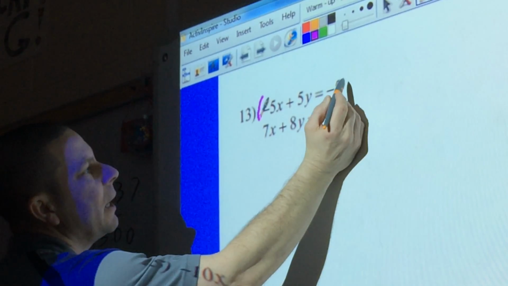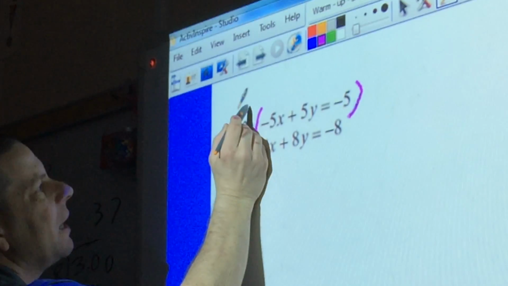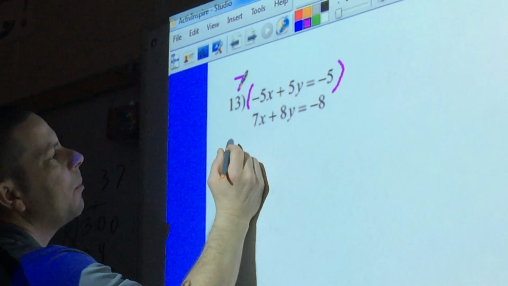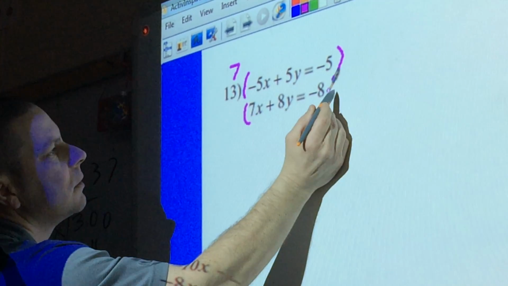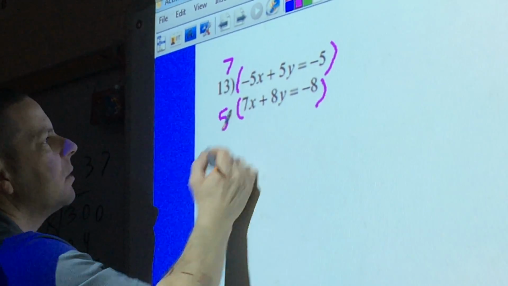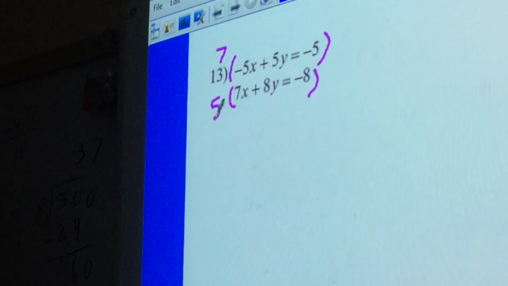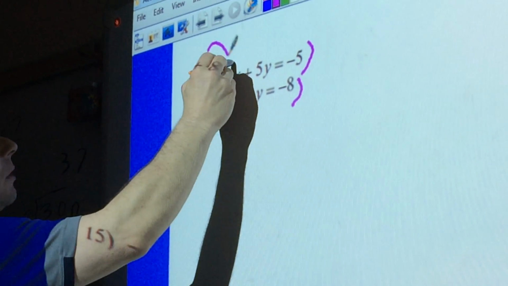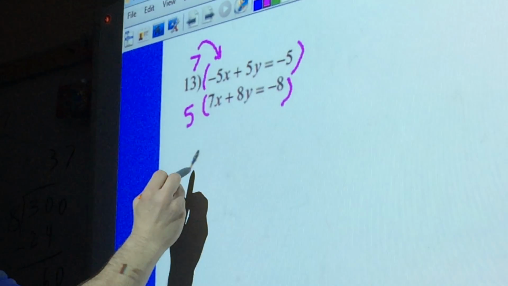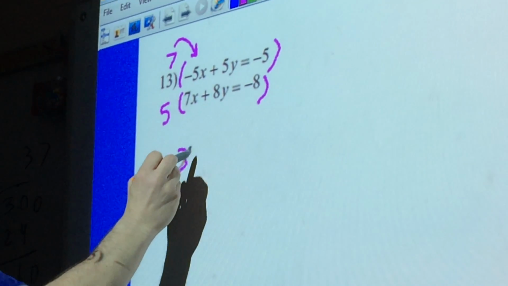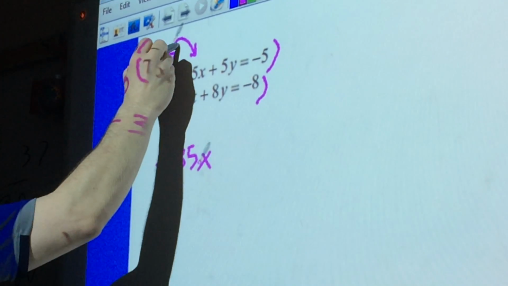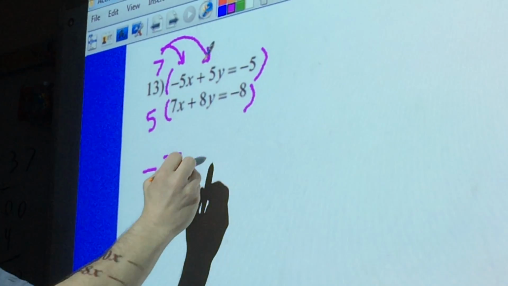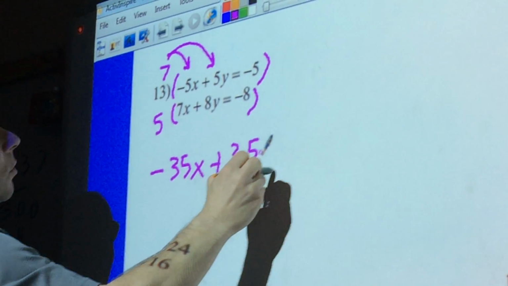So I'm going to multiply the top row by 7 and the bottom row by 5. Now, why would I do that? Let's see. 7 times negative 5x is negative 35x. 7 times 5y is 35y.